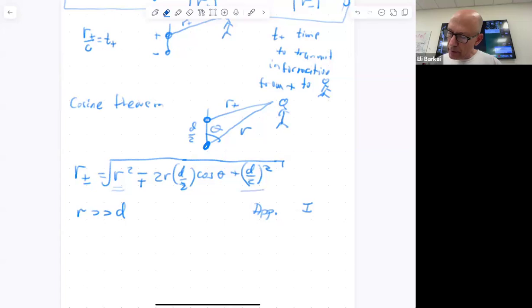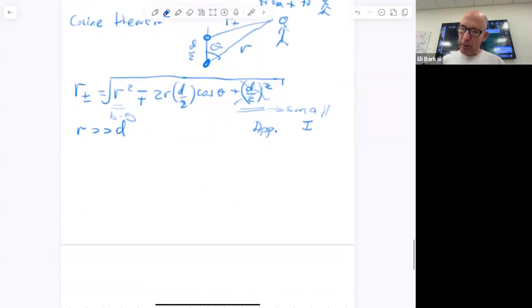This guy is small. This guy is big. This guy in the middle is intermediate, not big and not small, he's just right. This is the important term that we will be looking at, while we will throw away this guy completely, again because r is very big compared to d.